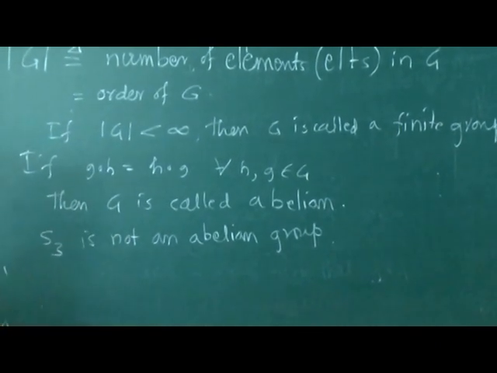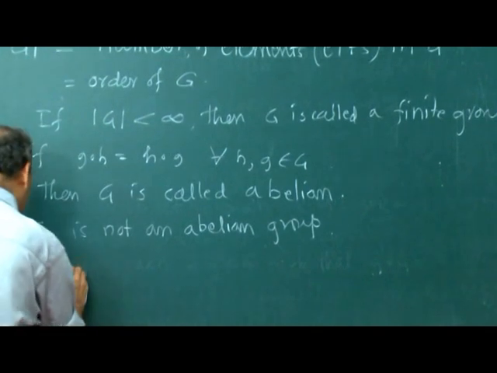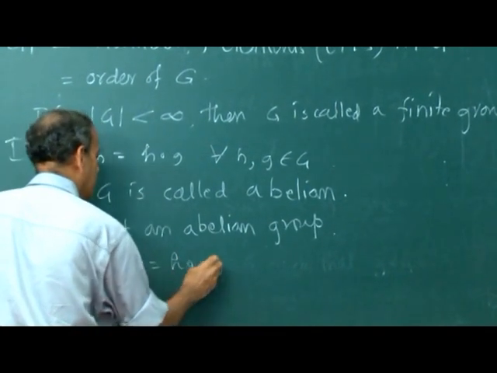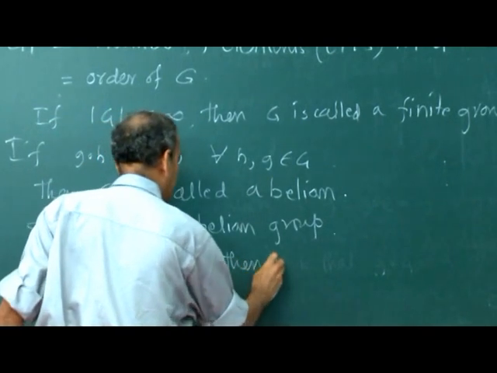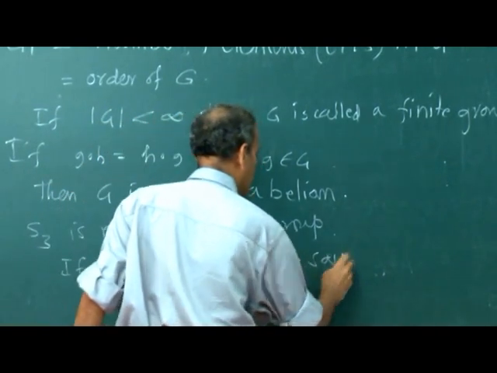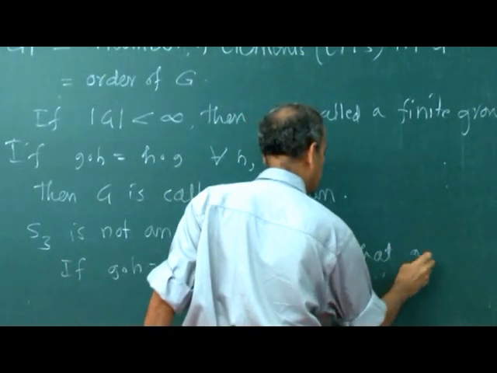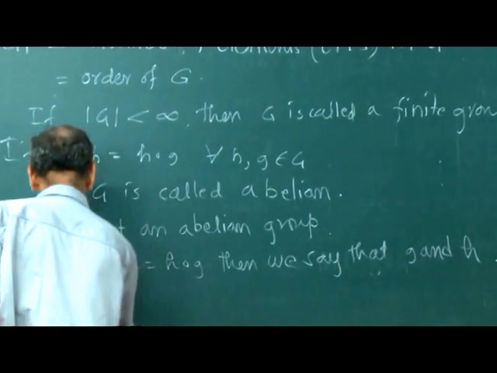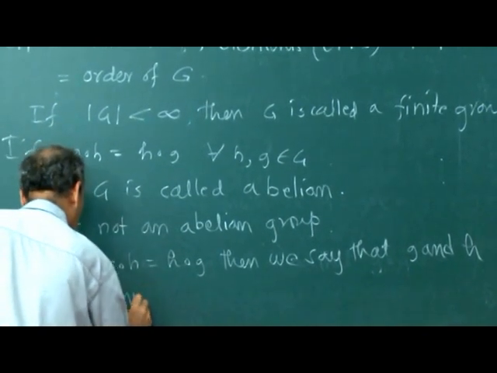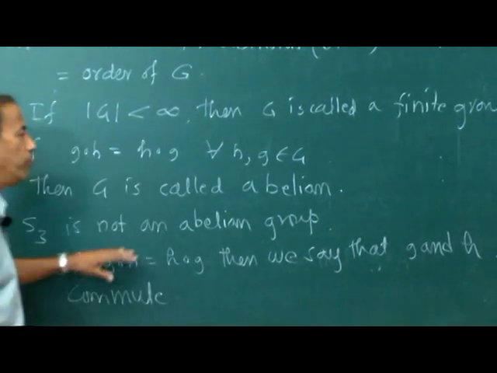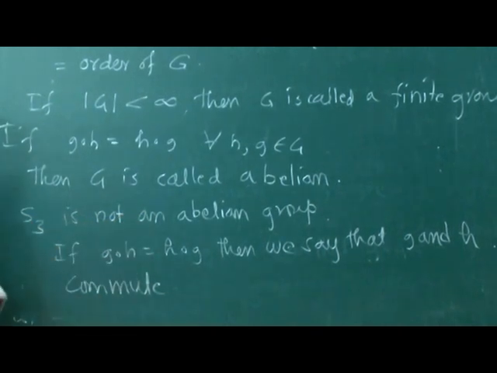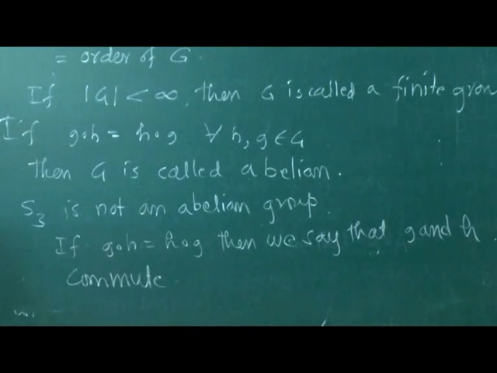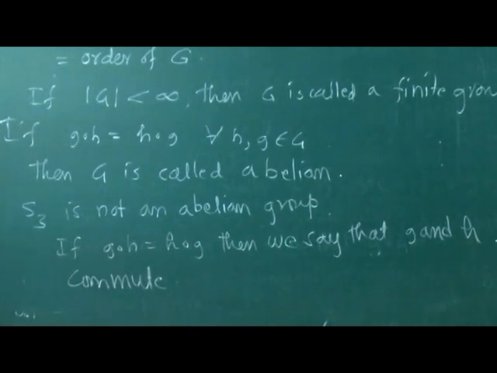Commute means if gh is equal to hg, then we say that g and h commute. So, in an abelian group, every pair of elements commute. Let us now take examples of finite abelian groups and infinite abelian groups.